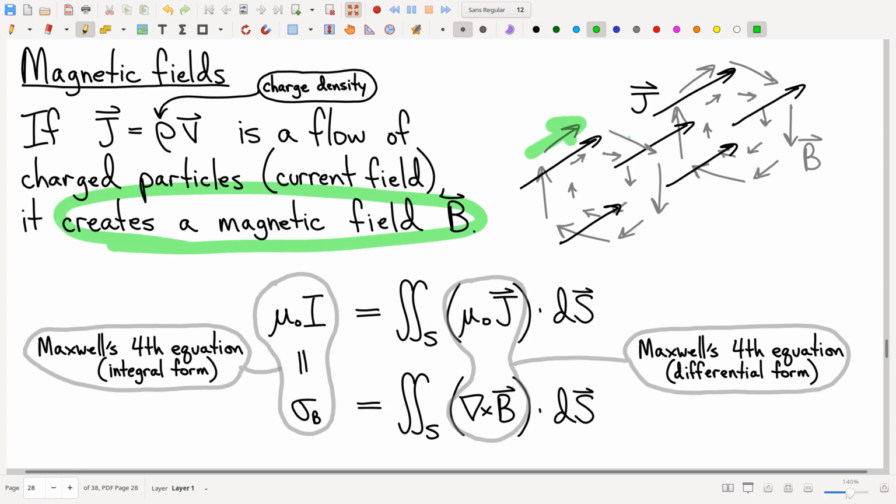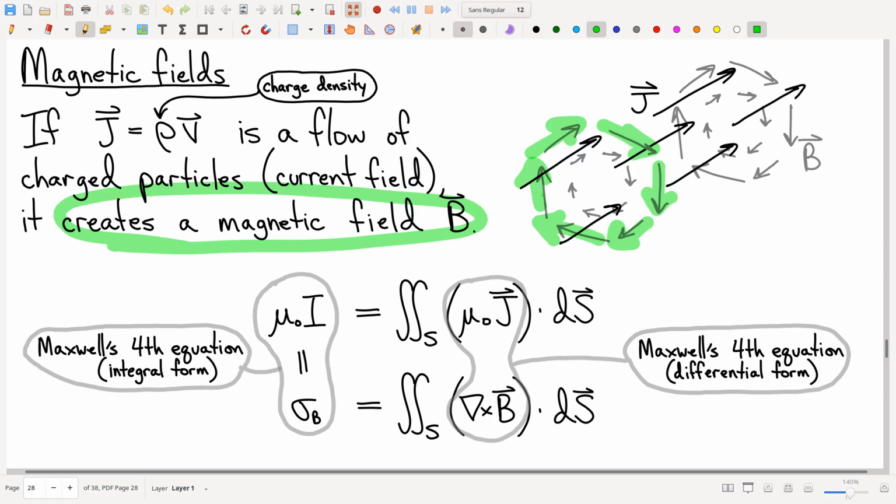And as I have my flow field drawn there, the resulting magnetic field is something kind of like this. They tend to go around, in some sense, the current field that created them. Nobody knows why.